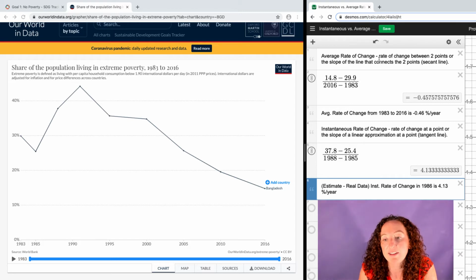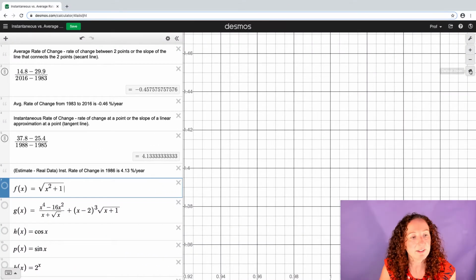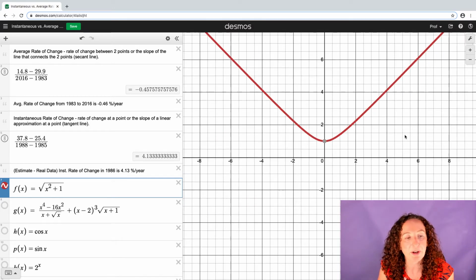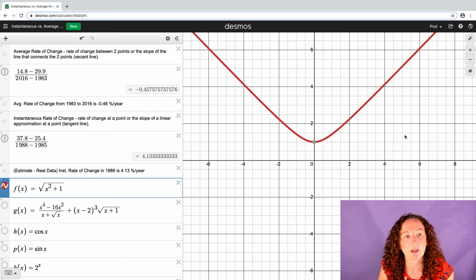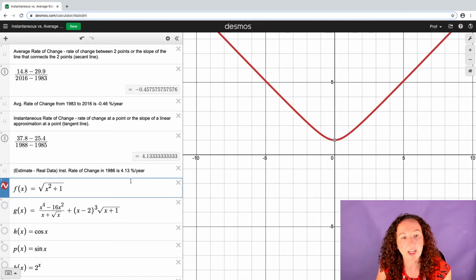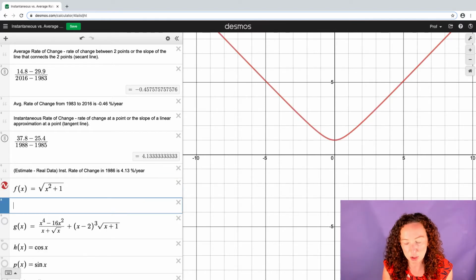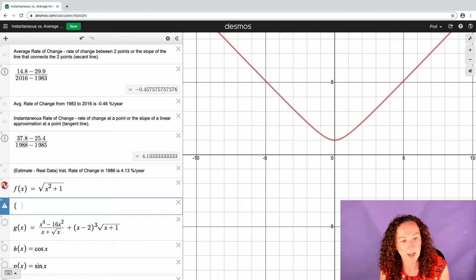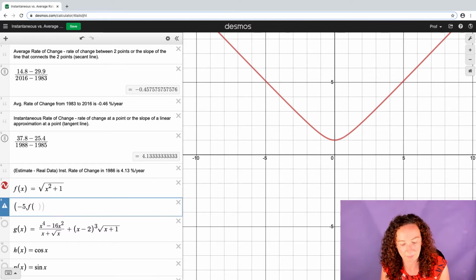So now we're going to take a look at one of the functions that we've been working with, f of x. Okay, so let's go ahead and graph f of x. Here's my graph of f of x. Now, if I'm interested in an average rate of change, I'm looking at how has the function changed between 2 points. So an average rate of change could be looking at 2 points, let's say -5, and what should we go to?